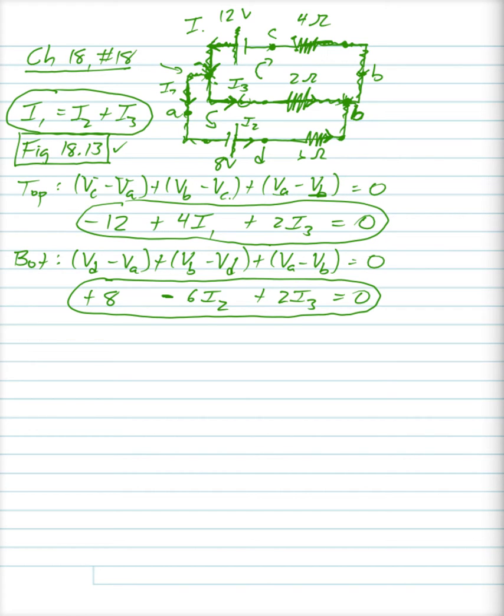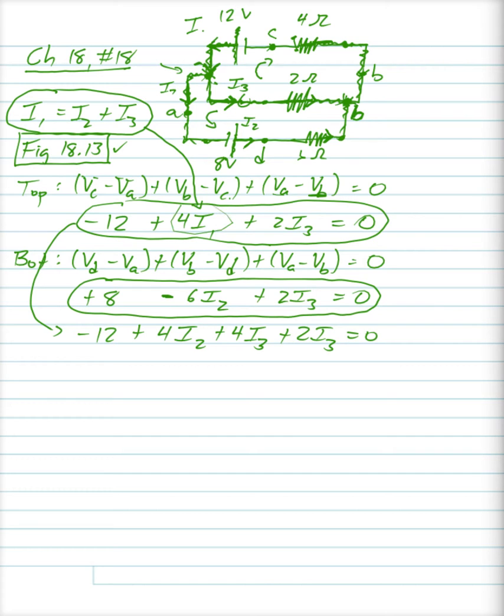Okay. Let's see. To solve this, I think what I'm going to do is take this equation and substitute it in there. So this equation becomes minus 12 plus 4I2 plus 4I3 plus 2I3 equals 0.